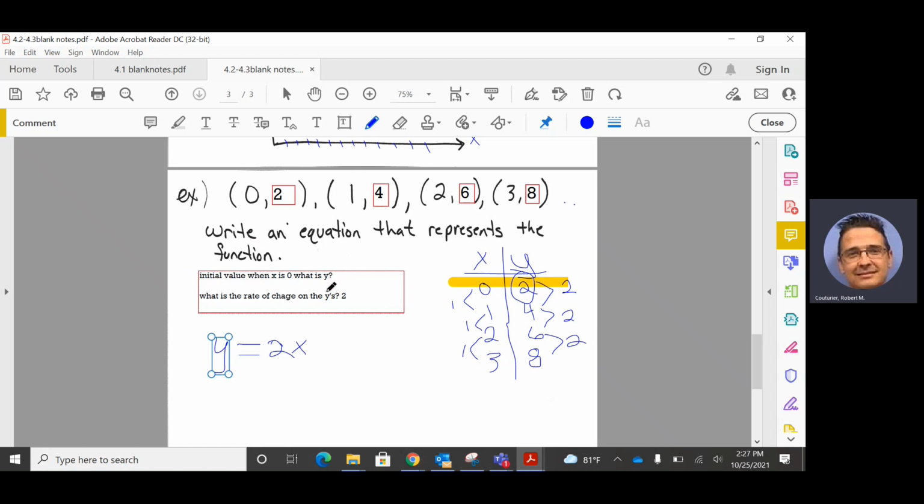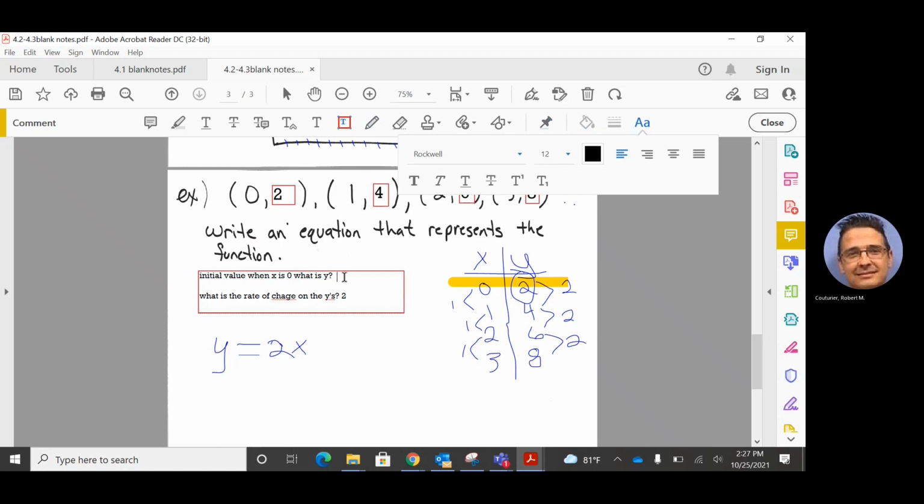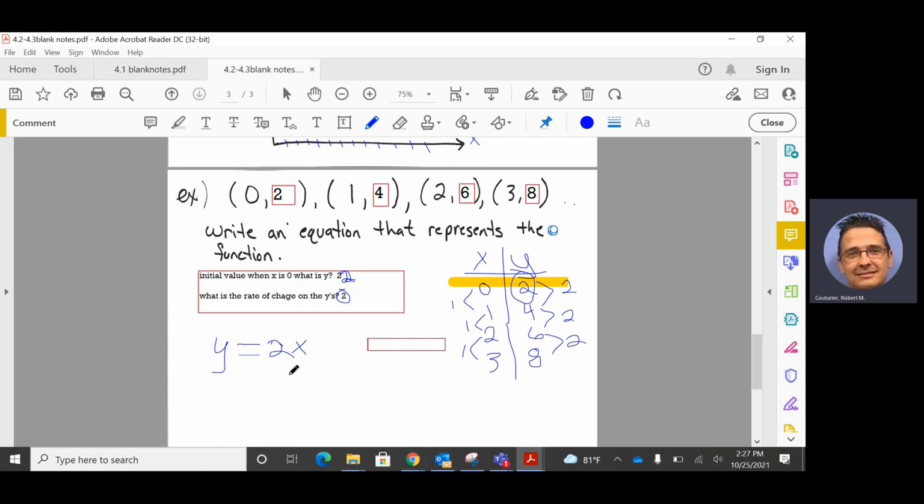And then whatever our y-intercept is, well, we said our y-intercept was 2, so we can put a plus 2. And that is this equation.